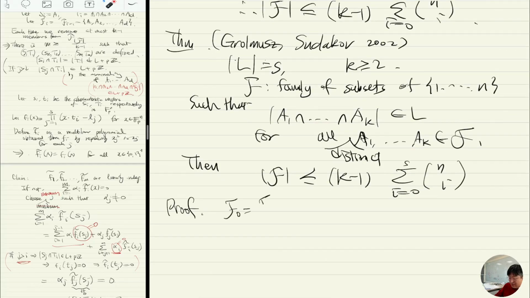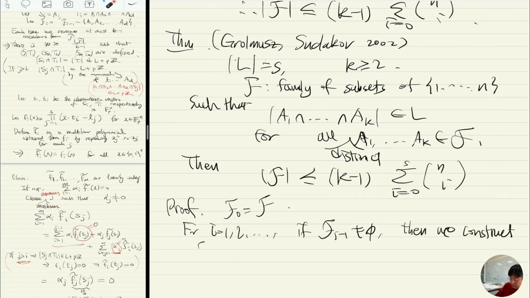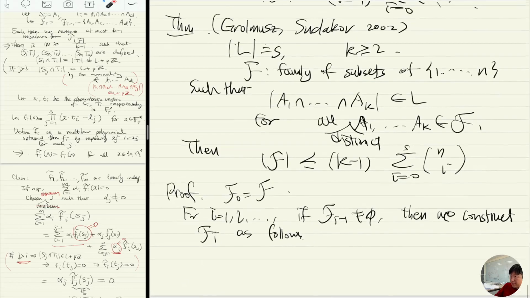So let's say F_0 is F, and we again construct the same way. For i from 1 up to something, if F_{i-1} is non-empty, then we construct F_i as follows, right?